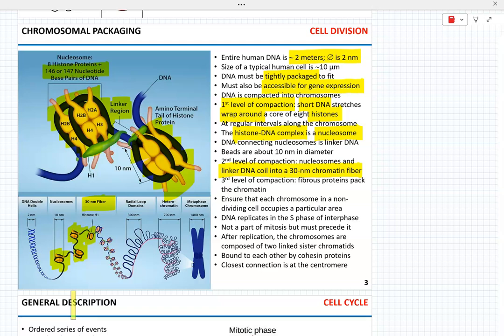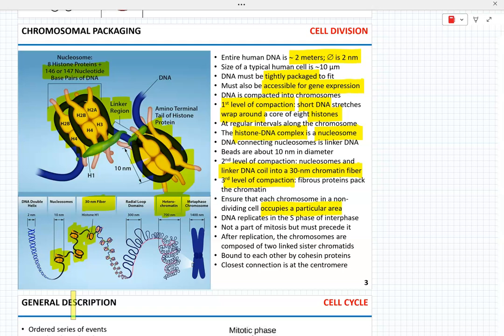And finally, the third level of compaction is when fibrous proteins pack the chromatin. So this packaging ensures that in a non-dividing cell, each chromosome occupies a particular area within the nucleus.